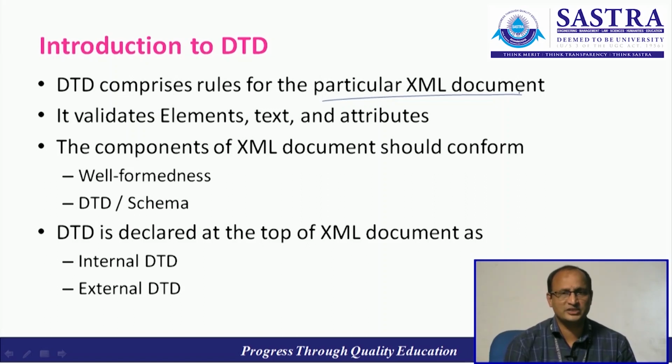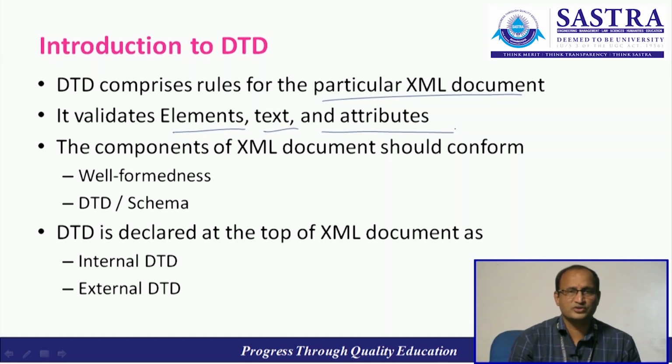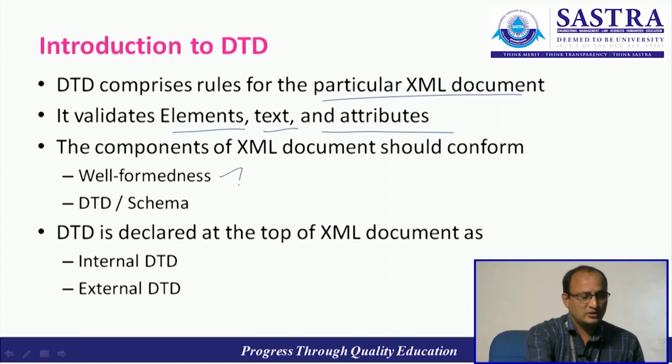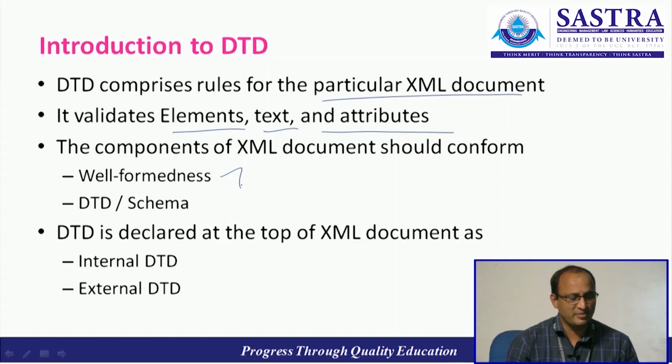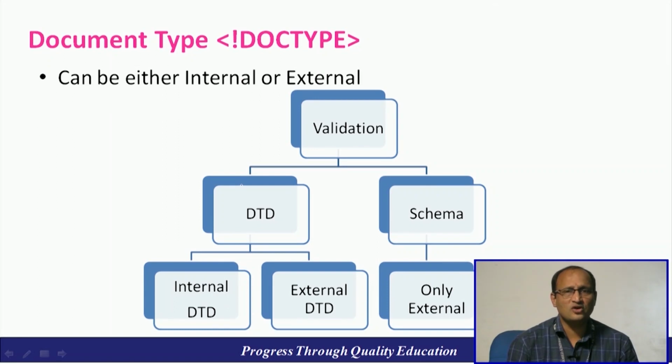Then only we can achieve reusability. It validates elements, text as well as attribute values and also the attribute. The components of an XML document should be based on document type definition as well as schema. Now, what we have in the XML document should be based on DTD.